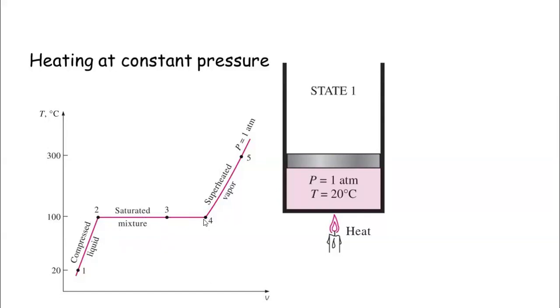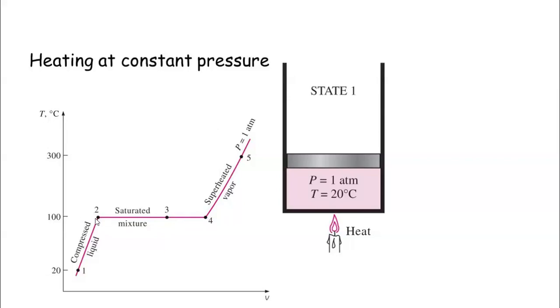And state 4 as dry saturated steam, meaning that there is no liquid water in it. So from state 2, which is saturated liquid, to dry saturated steam state, this phenomenon is the phenomenon of boiling, right? If you heat this dry saturated steam further, its temperature would start increasing again.